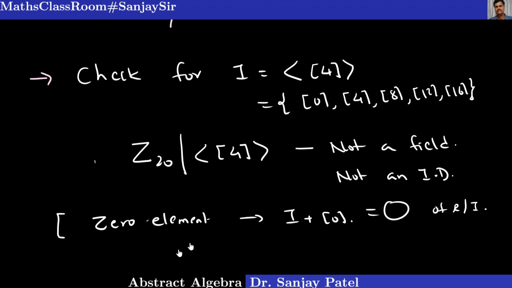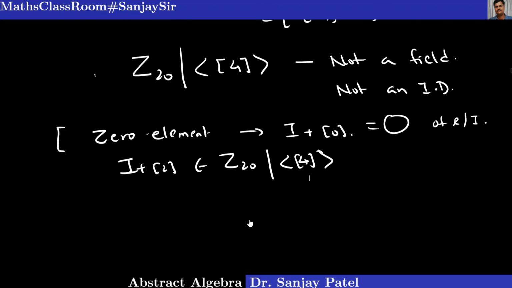Okay, in this case. Now if I take, say, I plus 2, which belongs to Z20 mod class 4, that element is there, you can verify. Then for this element, first of all, I plus 2 is not 0. Not 0 means it is not equal to I plus 0.